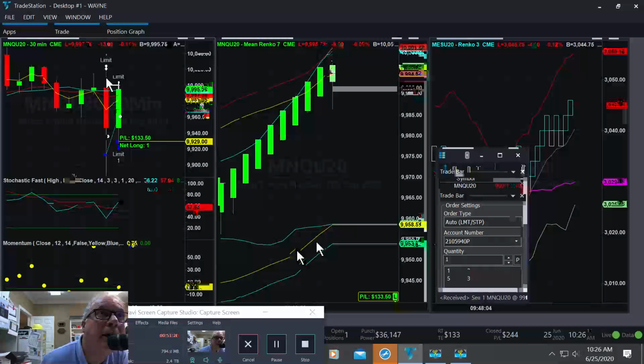Still mighty strong right now, and the alligator lines up, and the alligator's almost up on the 30-minute also. So this may be a tall order getting this thing to pull back.